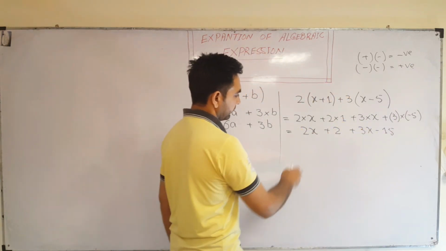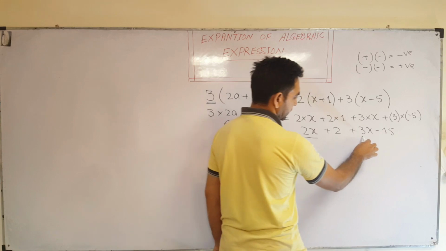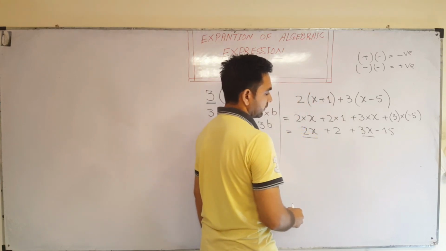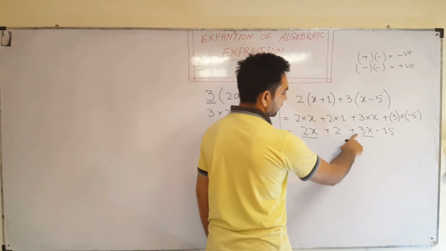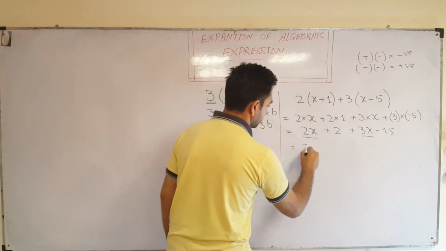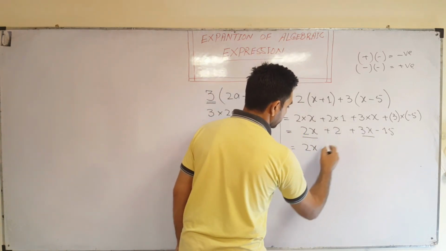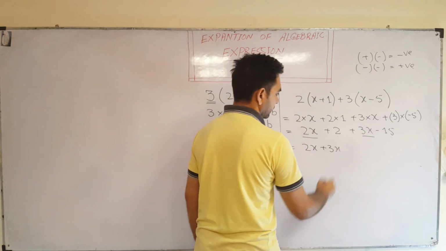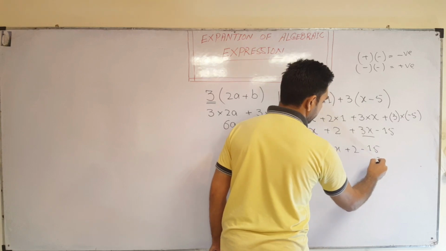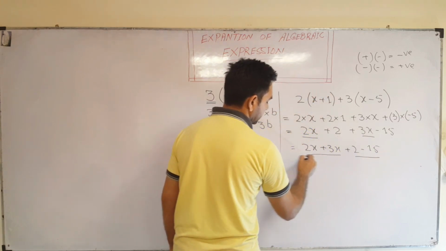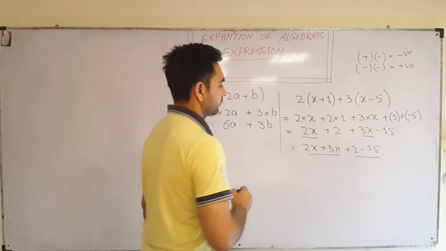So now you have x terms here, and these are constants. So you can rearrange it: 2x plus 3x, plus 2, minus 15. You can see these are constants and these are the x terms.